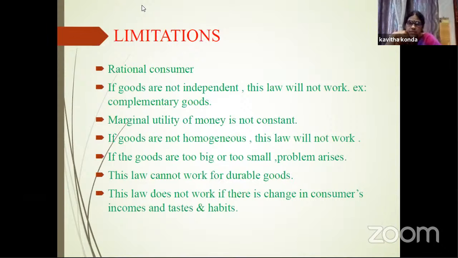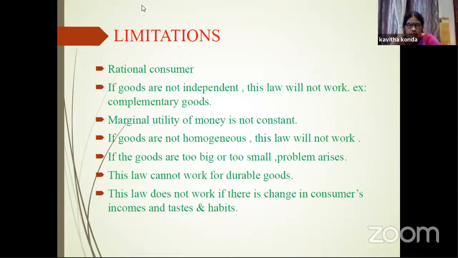Those assumptions, whatever he has given, he believed, and the most crucial assumption is that the marginal utility of money is constant. Why? Because mostly the marginal utility of money does not remain constant; it is variable.